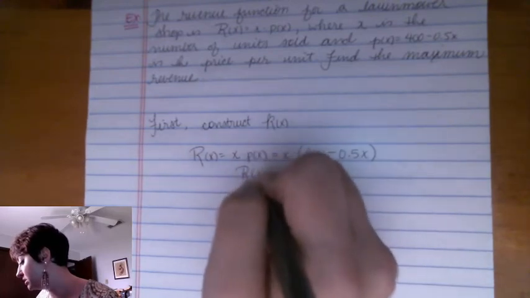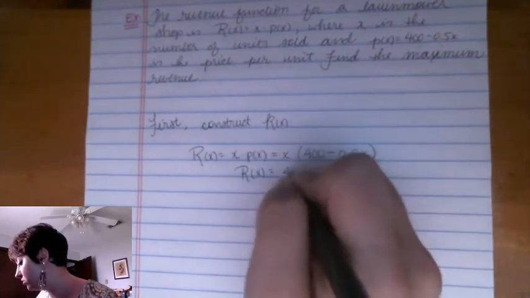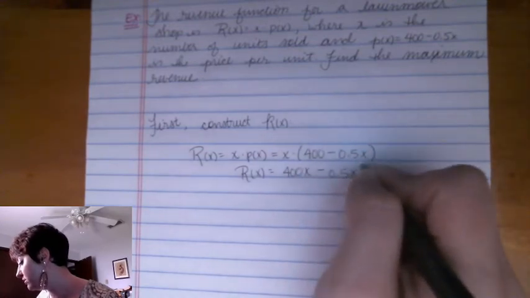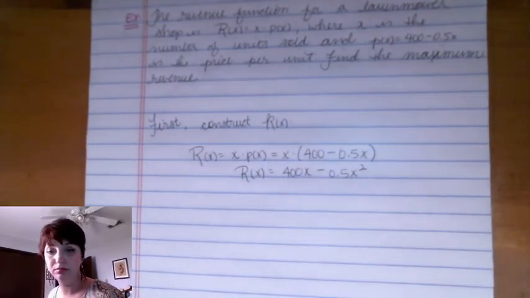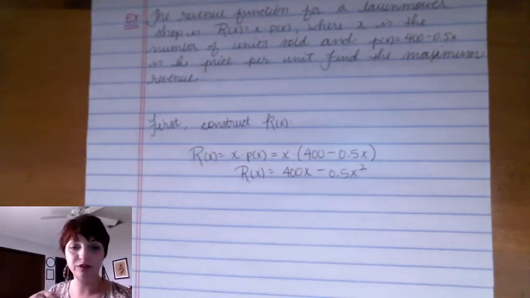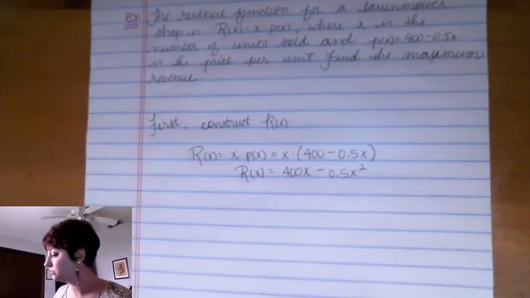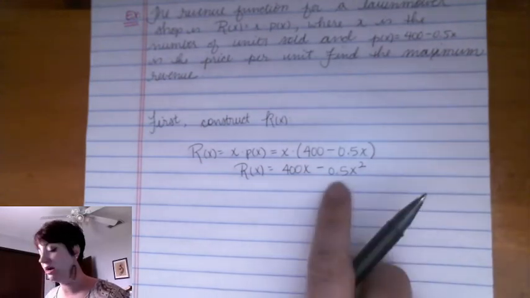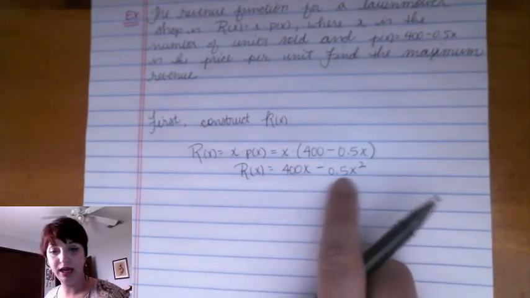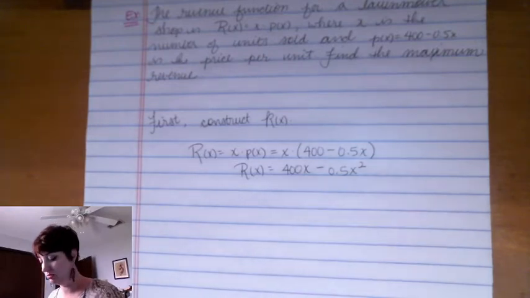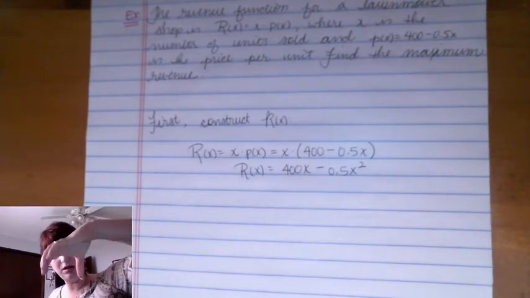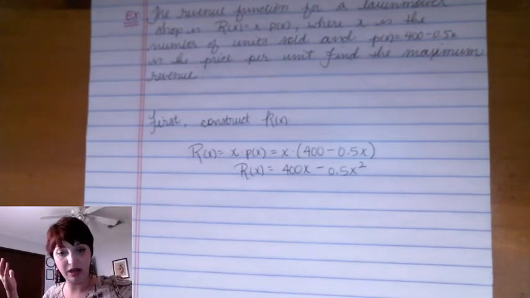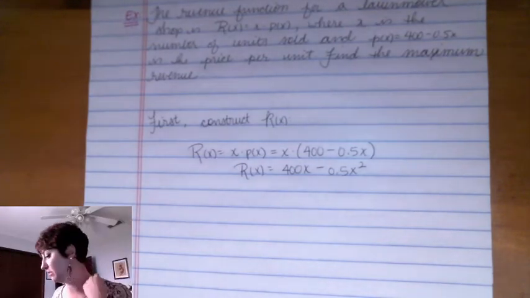So that means R of x is 400x minus 0.5x squared. All right. So now it's exactly like the previous problem where I already have my function. Okay, this is a parabola that opens down because I have this negative in front of the x squared. Opens down, so the vertex is going to be at the top of the hill and is going to be a maximum, which is good because we were asked to find maximum revenue.